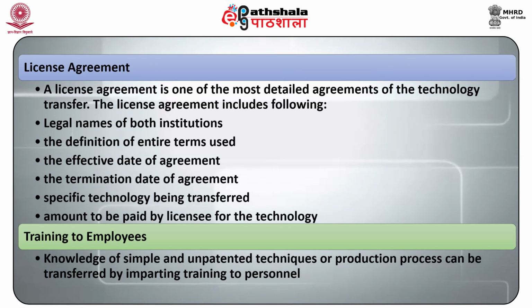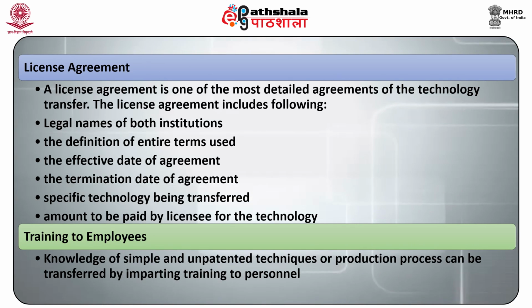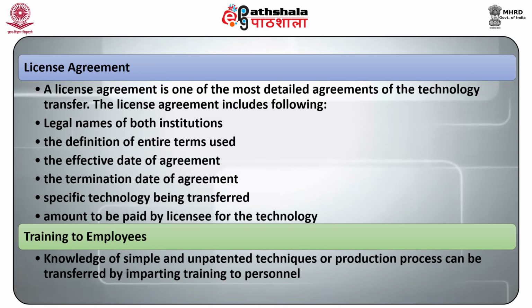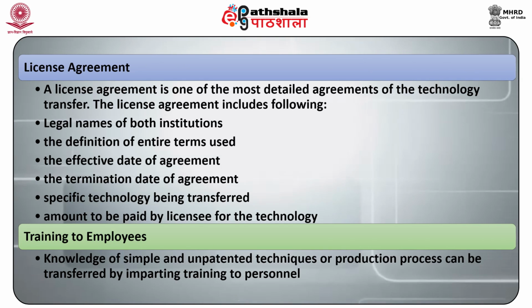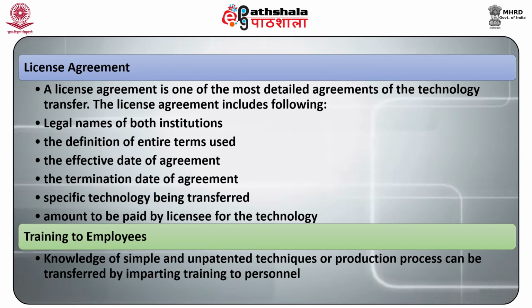The license agreement includes the following: legal names of both the institutions, the definition of the entire terms used, the effective date of agreement, the termination date of the agreement, and the specific technology being transferred. The amount to be paid by the licensee for the technology.